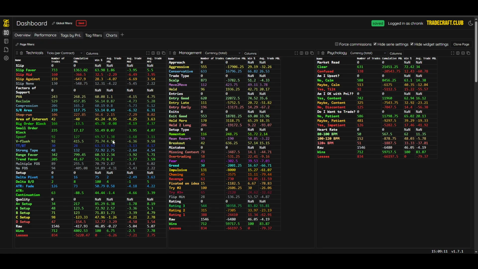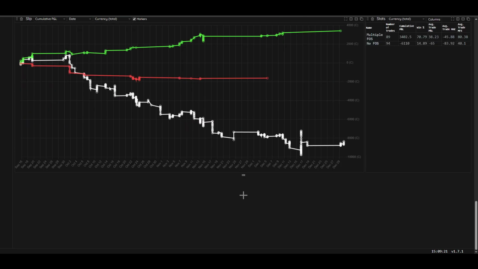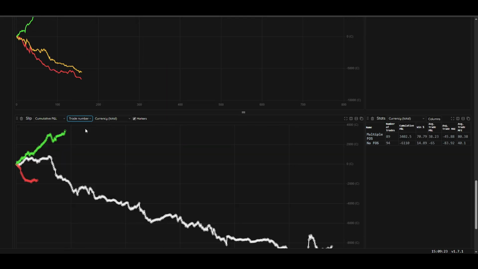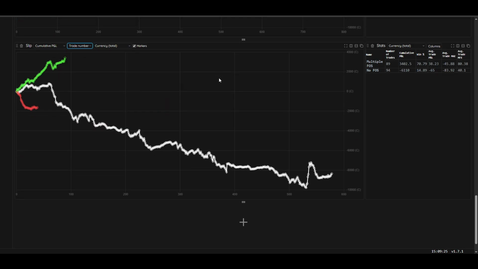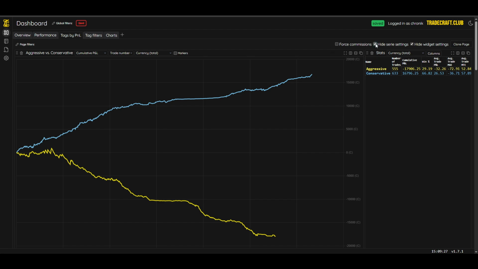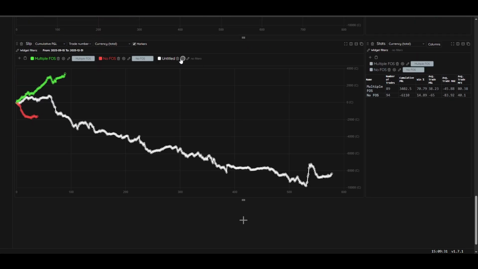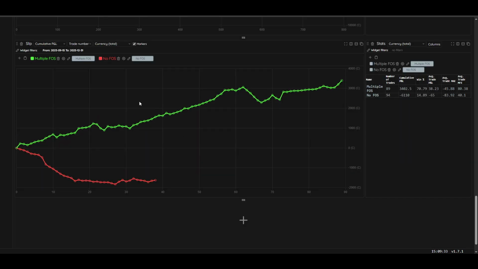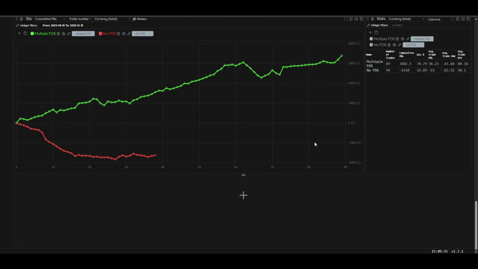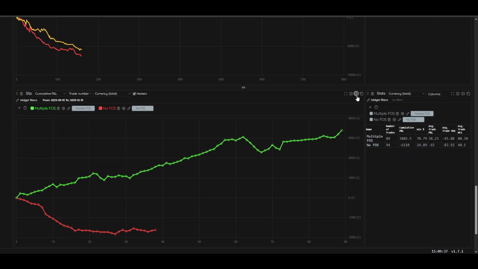You have 395 minus. Can you make an equity curve with all 4 of those? Yeah. 395 minus 6. Yeah, you're minus 2.54, which is big.